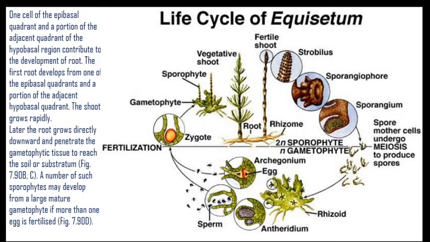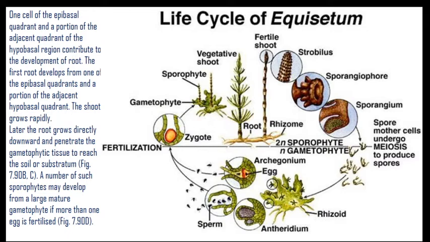In this way, Equisetum completes its life cycle. One cell of the epibasal quadrant and a portion of the adjacent quadrant of the hypobasal region contribute to the development of a root. The first root develops from one of the epibasal quadrants and a portion of the adjacent hypobasal quadrant.